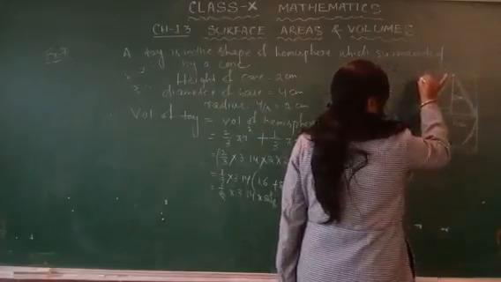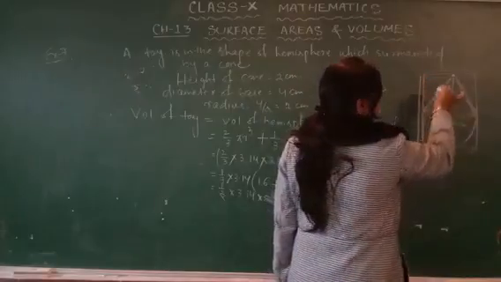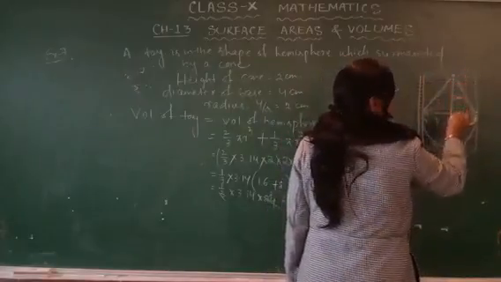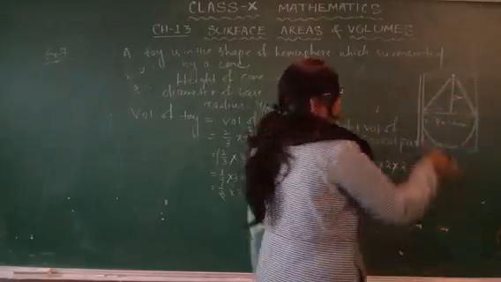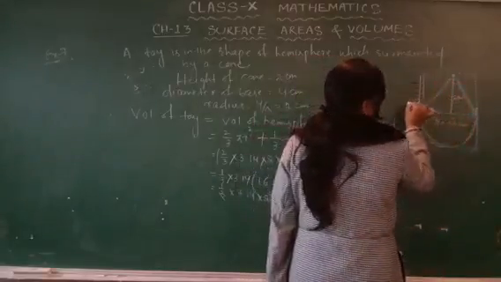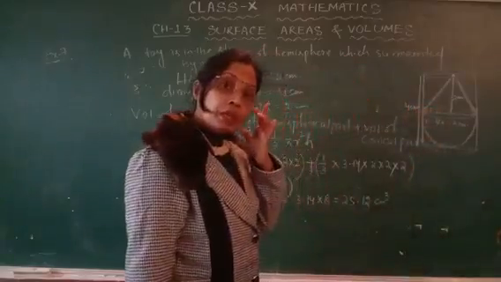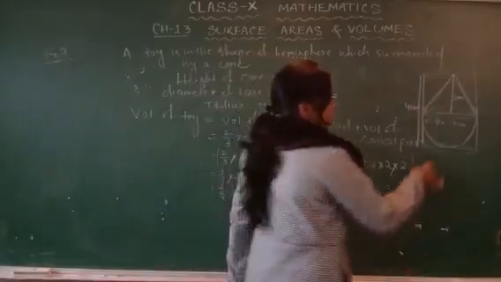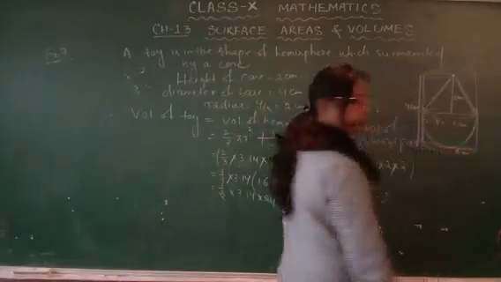So that means you see the height of this right circular cylinder is equal to the height of the cone plus the height of the hemisphere. So that is 2 plus 2, that is 4 centimeter. The height of the cylinder is 4 centimeter, and the radius is also 2 centimeter.